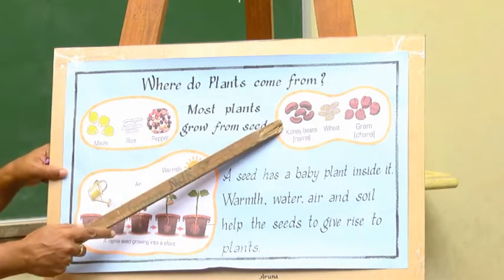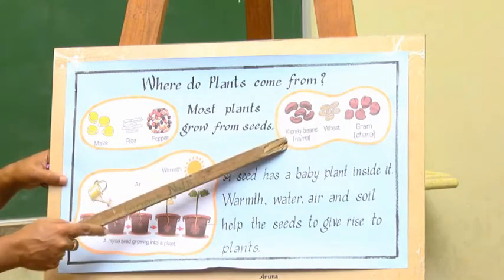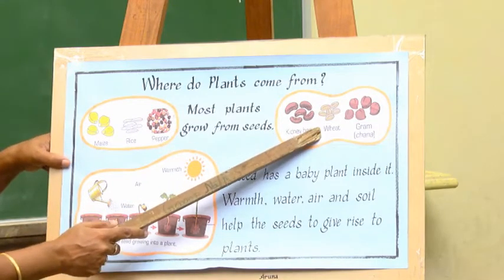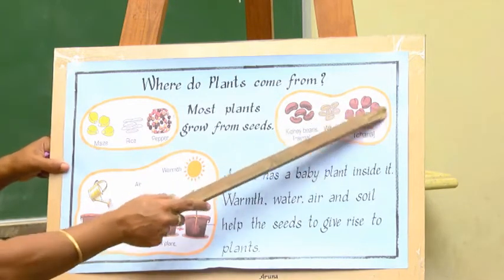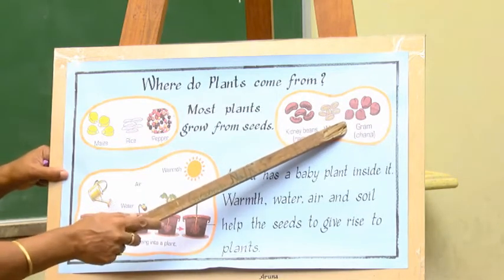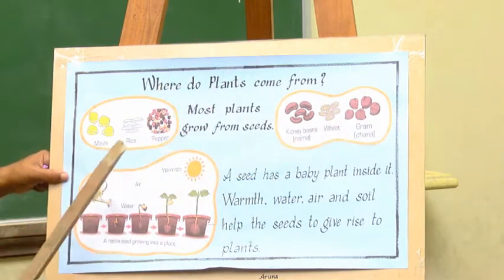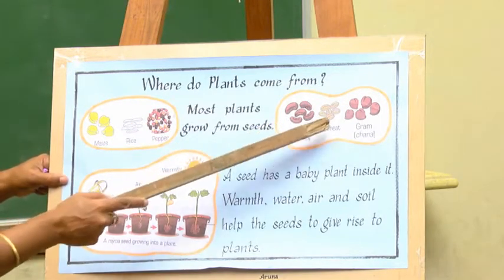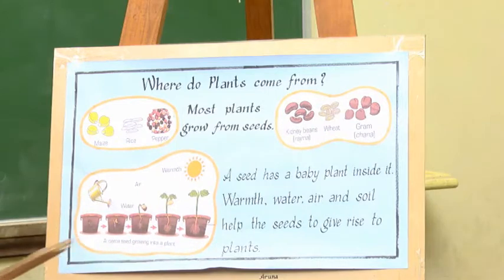Kidney beans. Kidney beans means rajma. Beans, seeds of beans plant. Then wheat, then grams. Chana is given here. We also eat green gram. Maize, rice, pepper, beans, wheat, grams, green grams, then black gram, many seeds we eat.